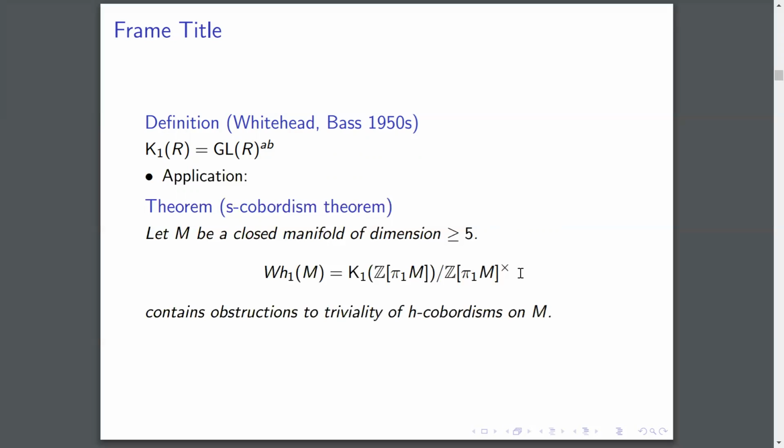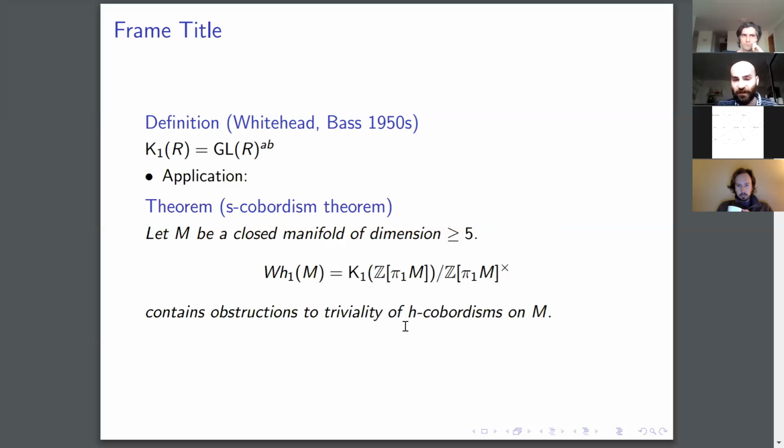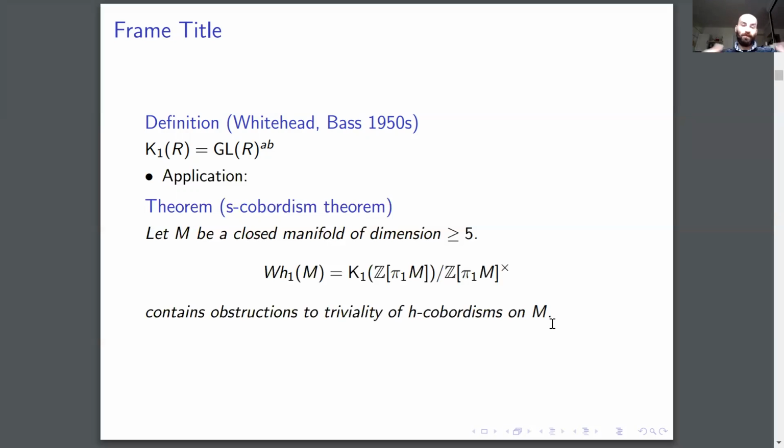It's pretty interesting because this object that is defined in a completely algebraic manner contains obstructions to this topological phenomenon, the triviality of h-cobordisms on M. An h-cobordism is a cobordism where the inclusion of the manifold is a homotopy equivalence, and triviality means the cobordism being homeomorphic to a cylinder, right?